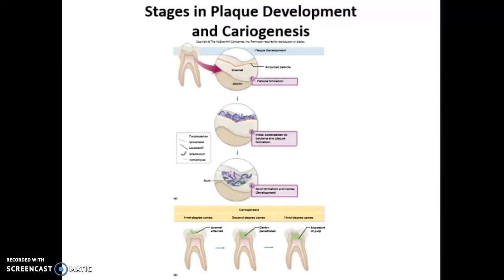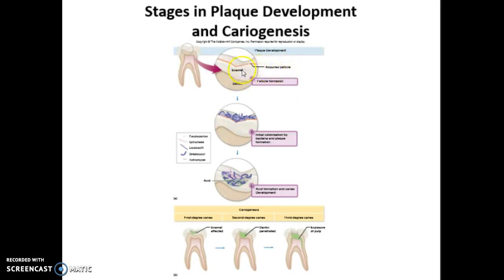All right, so you have different stages in plaque development and cariogenesis, the development of dental caries. So you have the top picture of your tooth, the surface of the tooth, and the beginning of the cavity is right here, where you have the acquired pellicle.